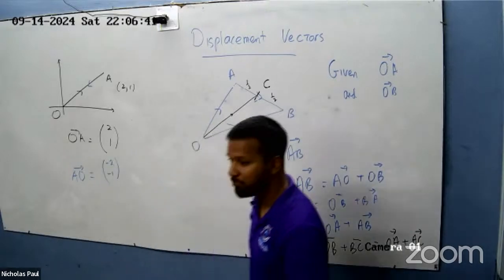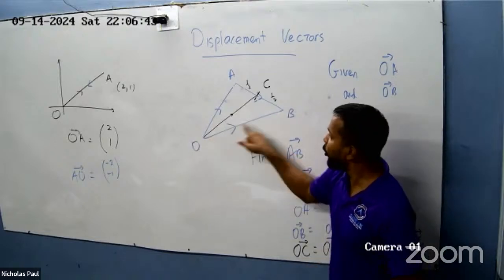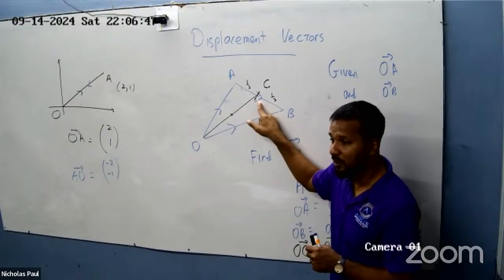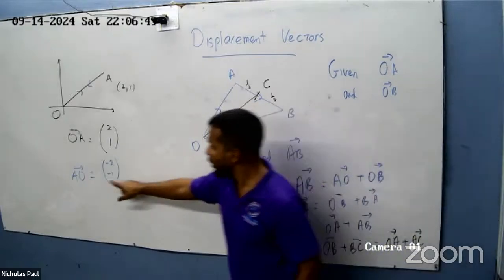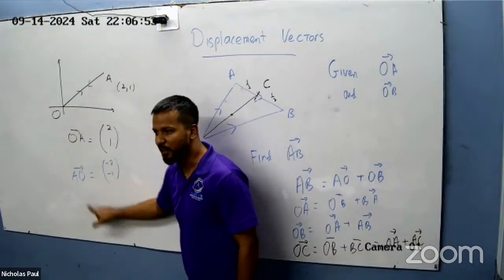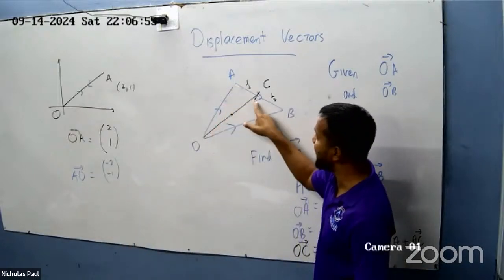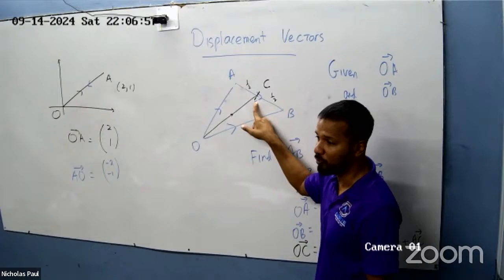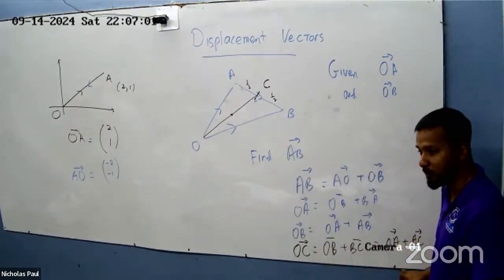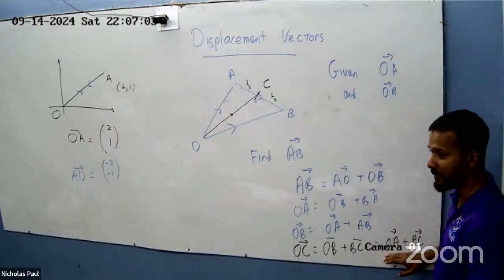If you go O to B, you're going with the arrow. B to C, you're going against the arrow. When you go against the arrow, you have to put in more negative signs, right? But if you go O to A to C, you're going with the arrow. So you will get the same answer with both, but this one is slightly easier.